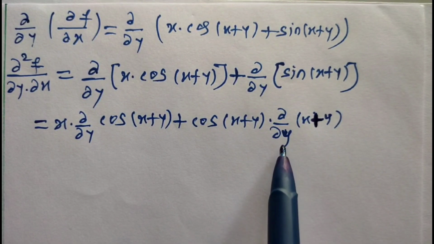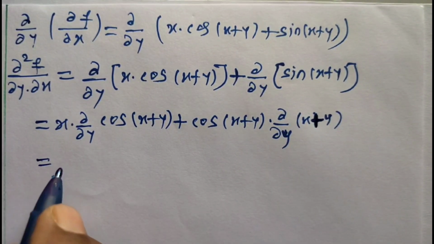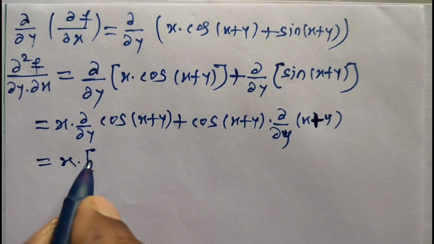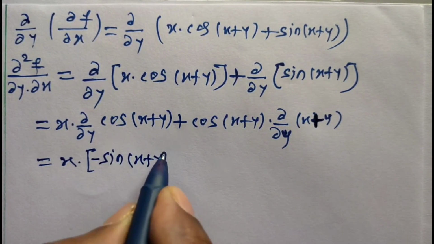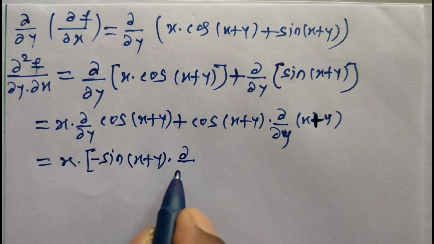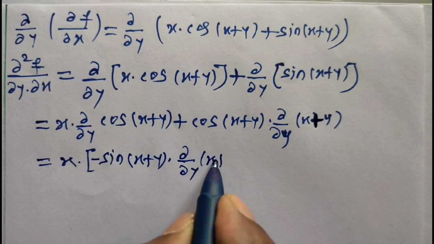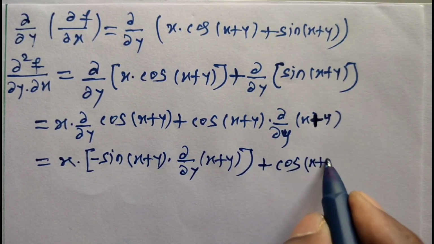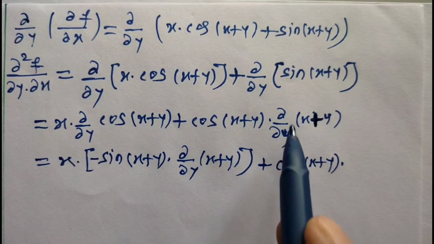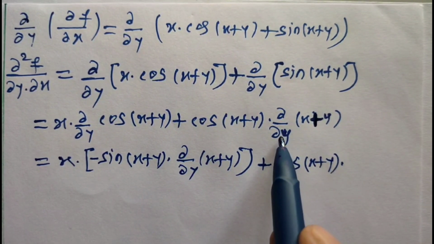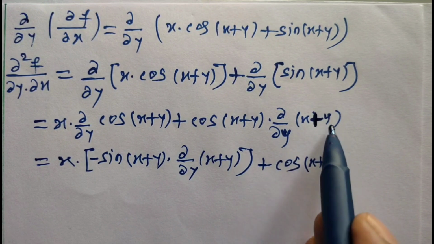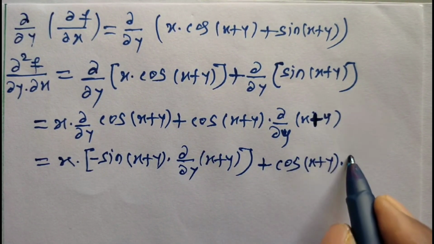So this can be written as, this is equal to x into derivative of cosine, which is minus sine of x plus y, into partial derivative with respect to y of x plus y, plus this one cosine of x plus y into, we are partially differentiating with respect to y considering x as constant. So derivative of this x will be 0 and derivative of y will be 1. So into 1.